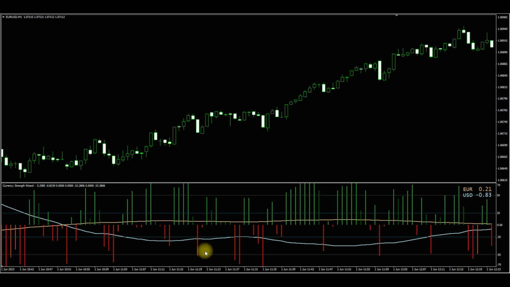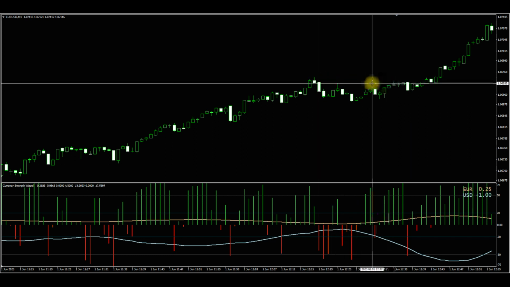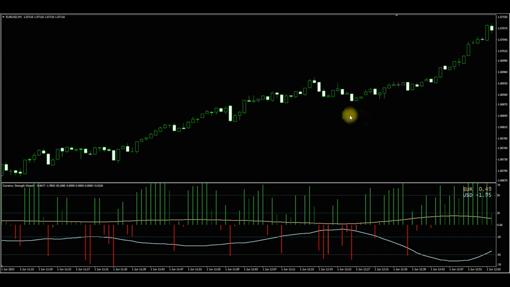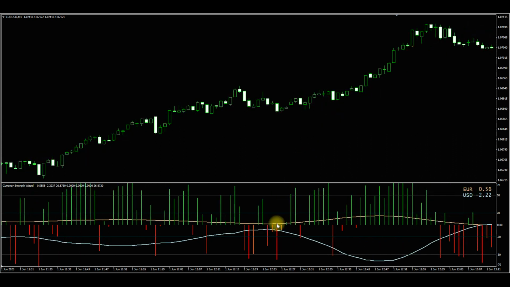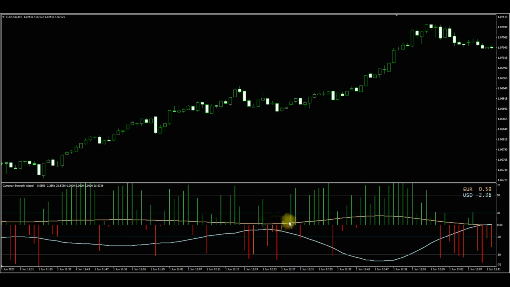When these lines become narrow, it means there is a possible chance for the trend to stop, or at least to pause for a moment, like in this situation when it has some pause. We have a small flat condition here, and then the power starts increasing. USD decreased much while Euro started to increase its power, and this trend continues.